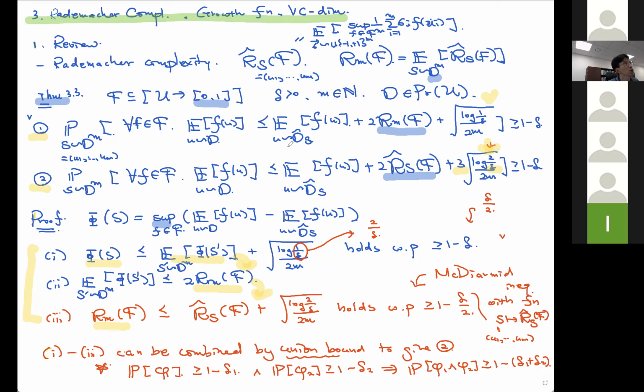One for the number 1, the first statement, and then the other is to estimate this Rademacher complexity. And because the 2 appears in the above, that's why we have a number 3. So this term comes twice, but in the second occurrence it gets multiplied by 2. So that's why we have a number 3.